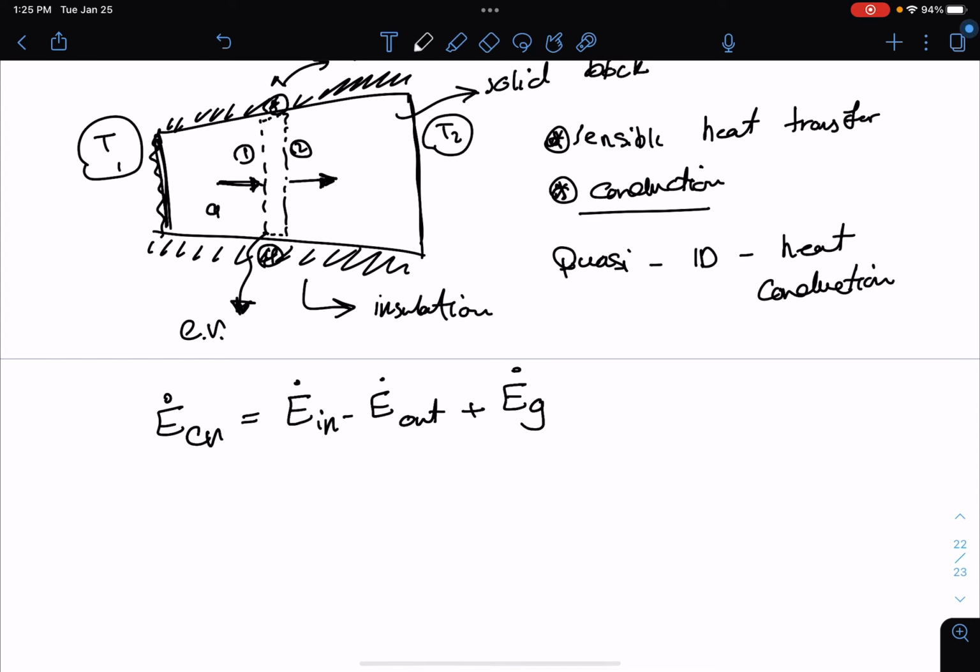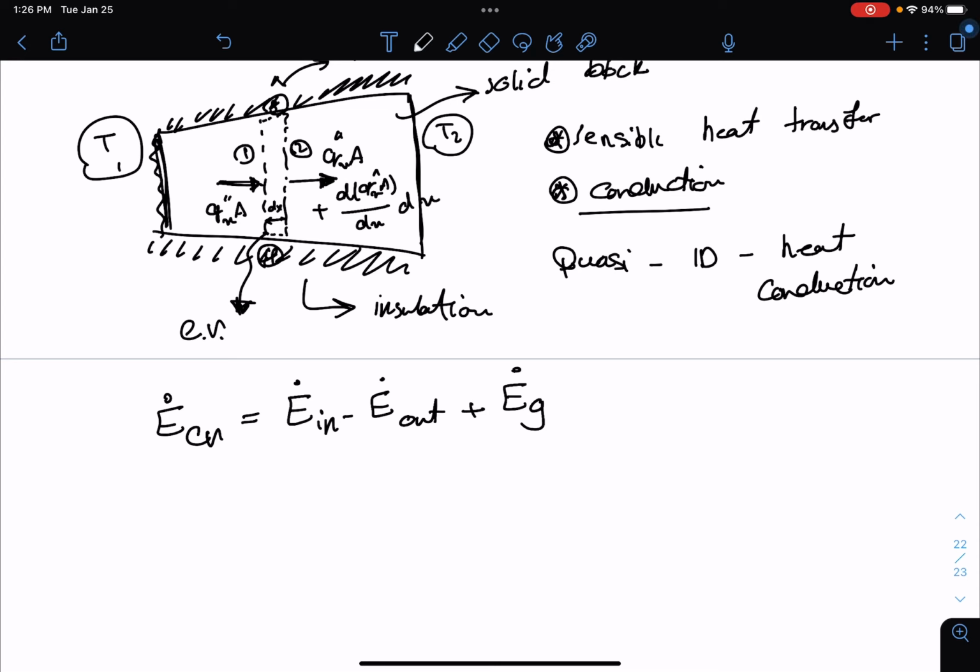Let's say heat coming in is heat flux multiplied by the cross-sectional area. And heat going out is going to be the same heat flux multiplied by the cross-sectional area plus the changes of that heat flux multiplied by area multiplied by the length of this element.